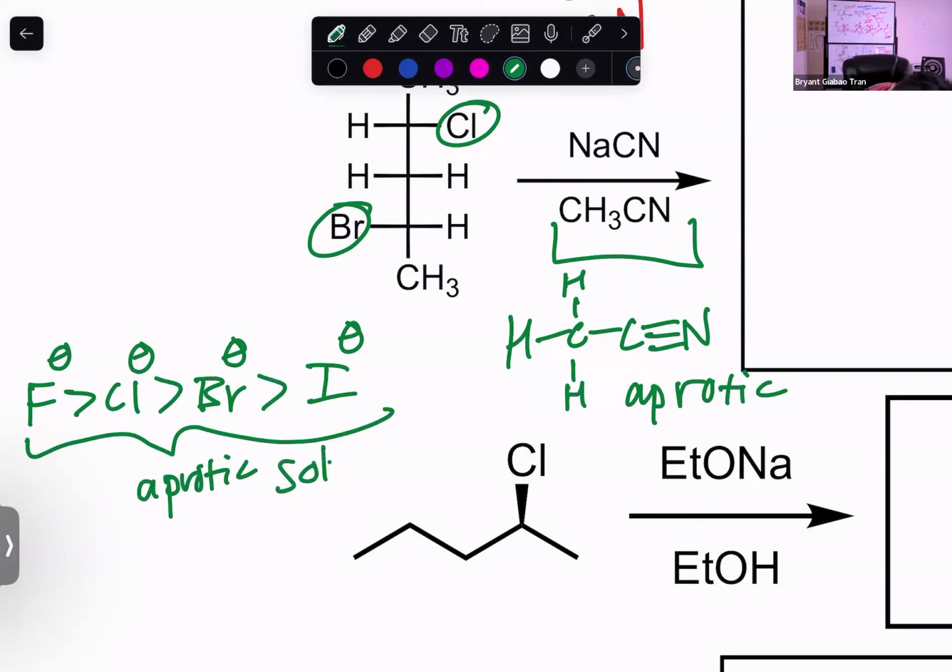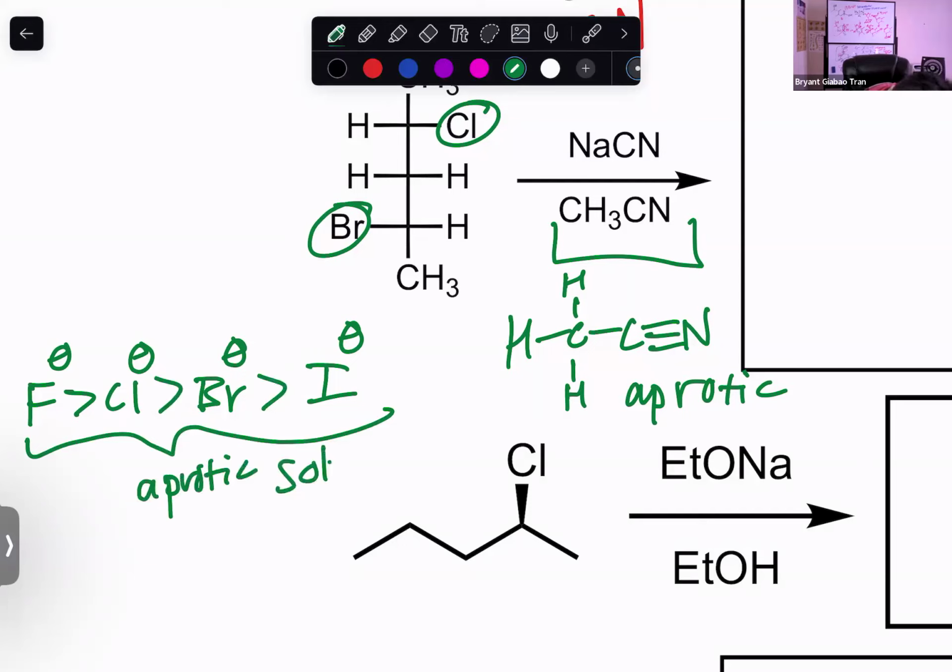So this is a separate concept here. Now the reason why the list is like this is because we know fluorine is the smallest halogen and iodine is the biggest halogen. Which negative charge seems the least stable?